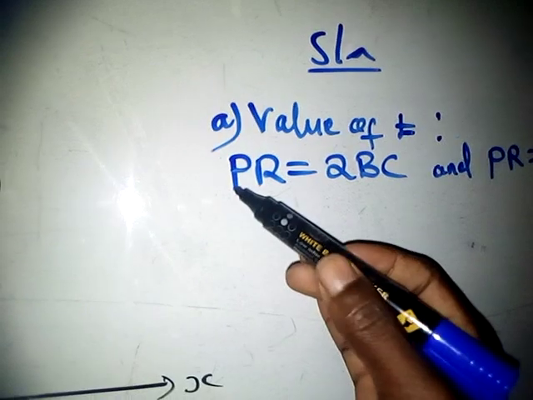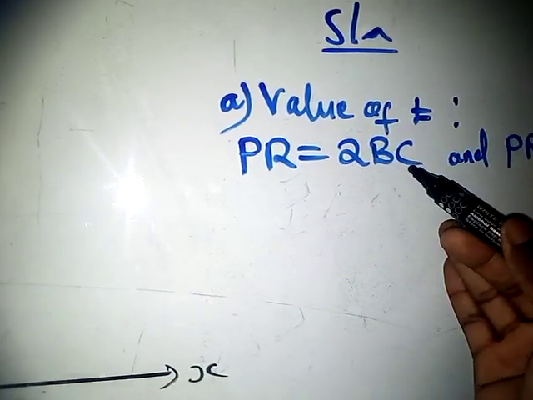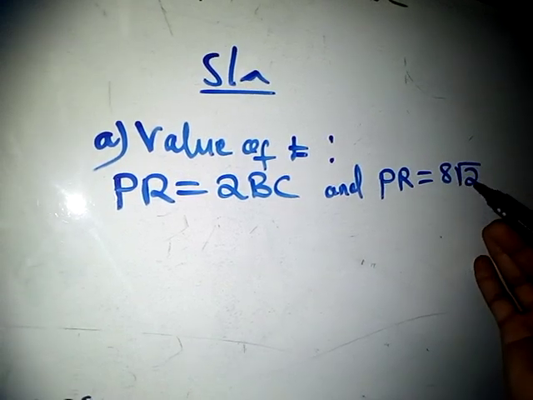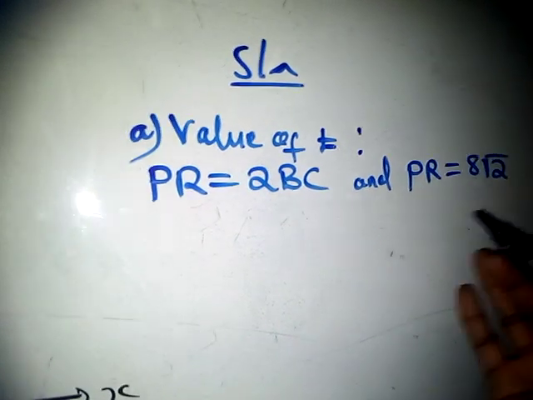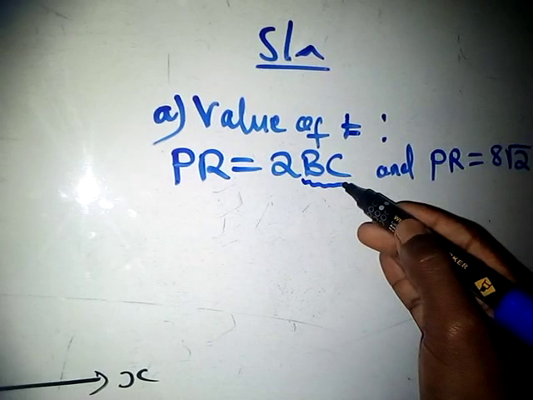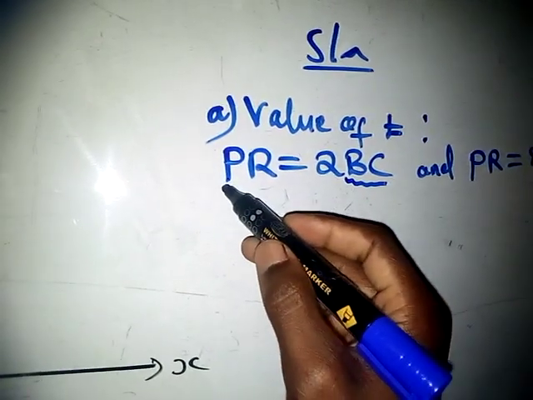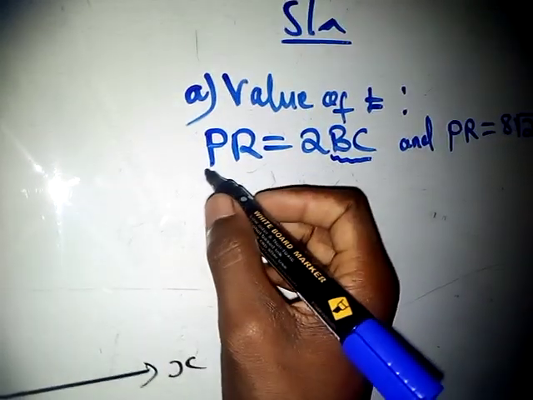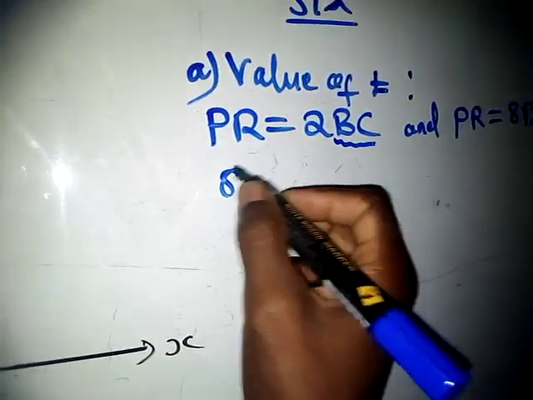But you're given here that the length of PR is 2BC, and the length PR is actually 8 root 2. So you can make BC the subject of the formula, where we now know what PR is.